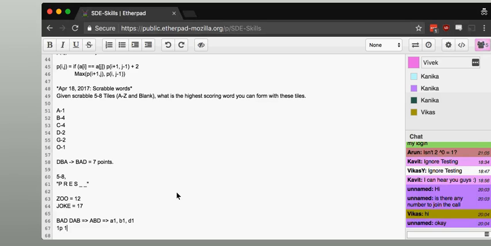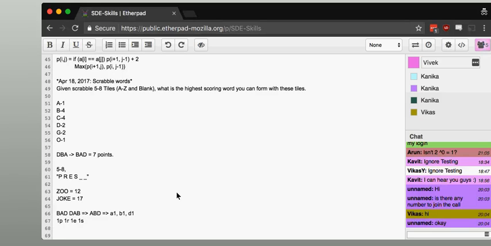I have one P, one R, one E, one S, and one blank. Ignore the blank. You don't care about the blank. So can I make a bad with the letters I have? No. Because what is the delta, the difference between these two? I still need an A, I still need a B, I still need a D, correct? So far with me?